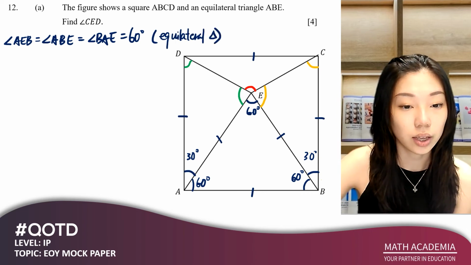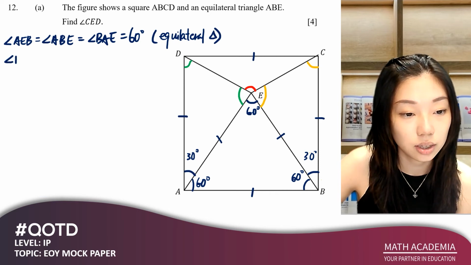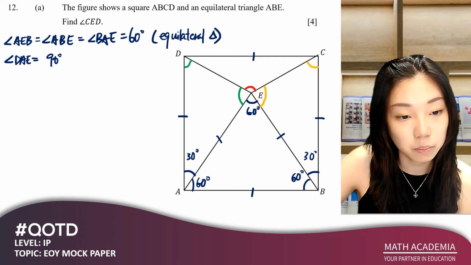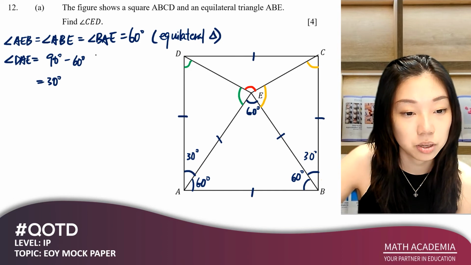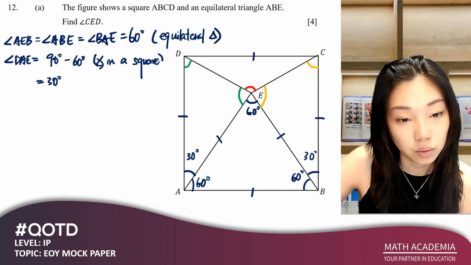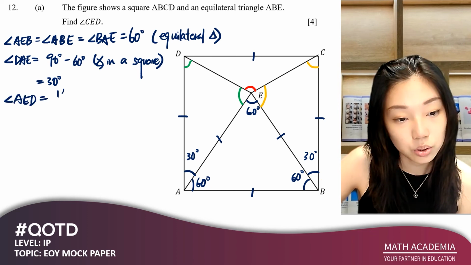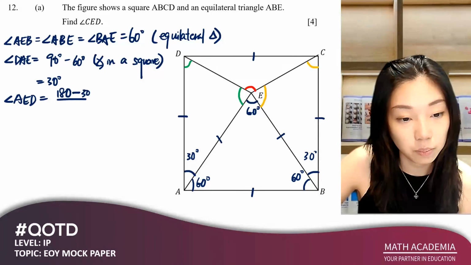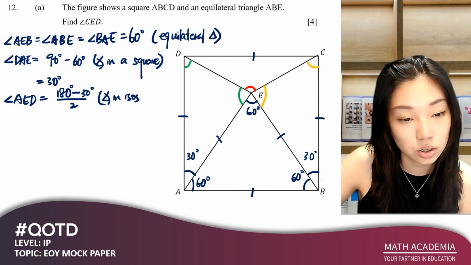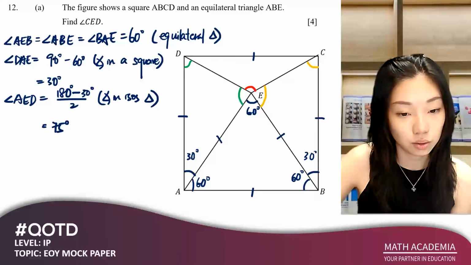Then angle DAE equals 90 minus 60, which gives us 30 degrees, because of angles in a square. Angle AED equals 180 minus 30 divided by 2, because of angles in an isosceles triangle, and that gives me 75 degrees.